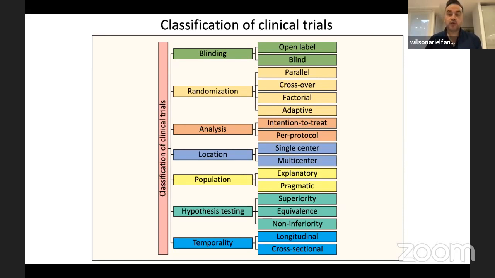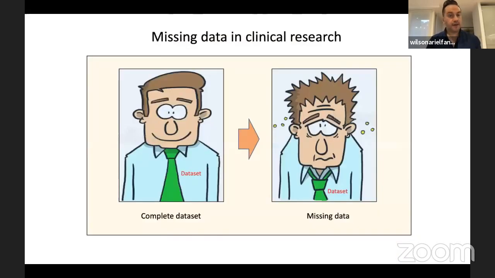So what I would like to propose for this meeting is this. Just imagine that the data set is this, and this is what the data set looks like when it is complete, when all your patients had the treatment that they were intended to.